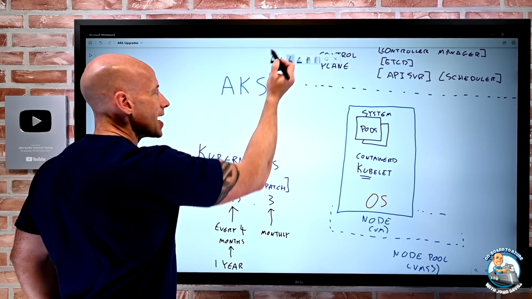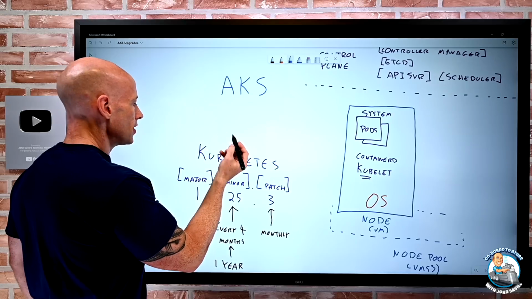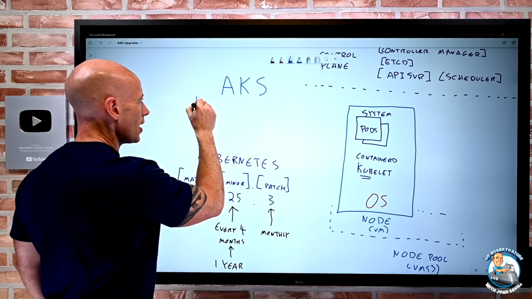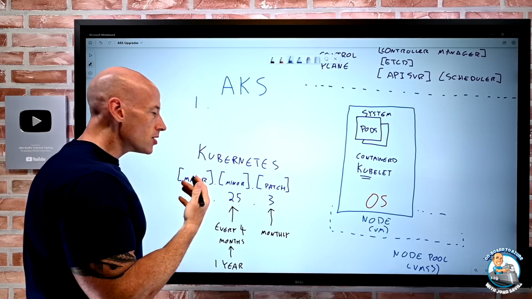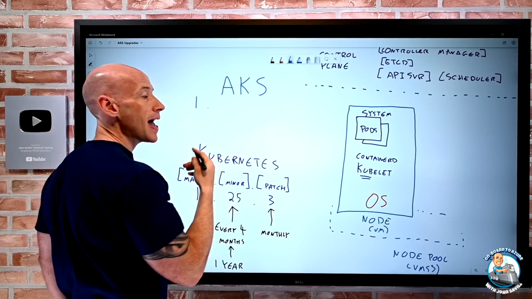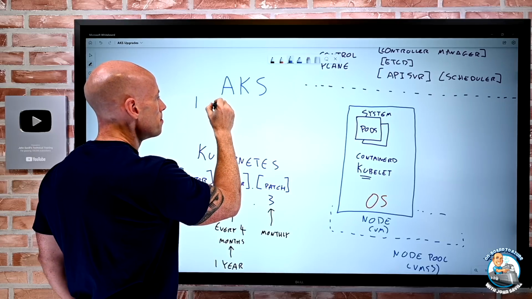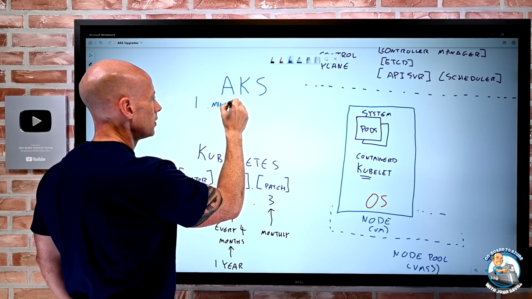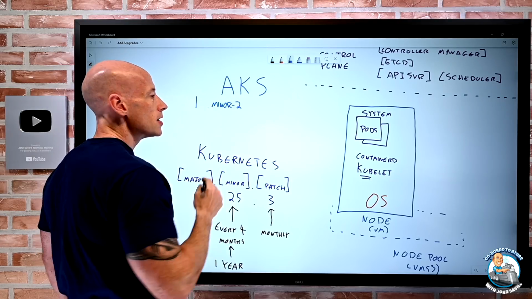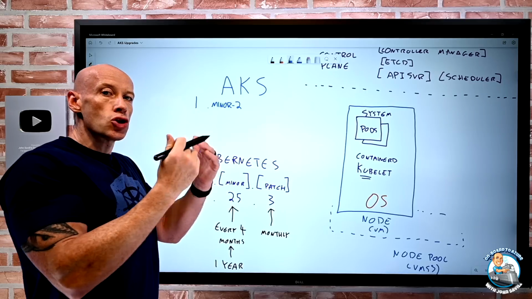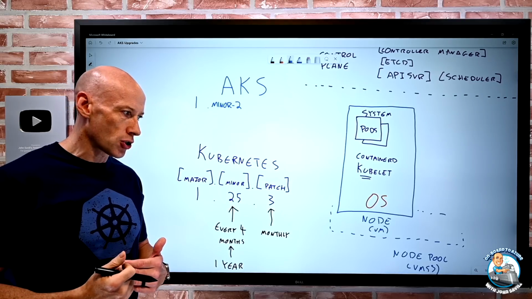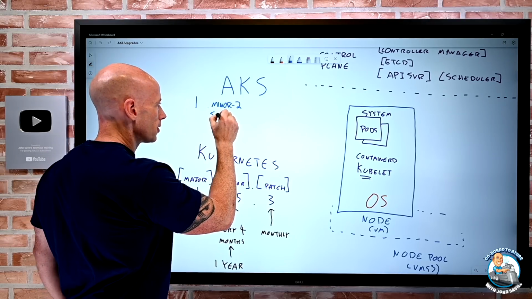So from an AKS perspective, we've got that major version of 1, and what it's doing is really n-2. So it's minor -2. So the current minor version and 2 previous minor versions is what is supported.